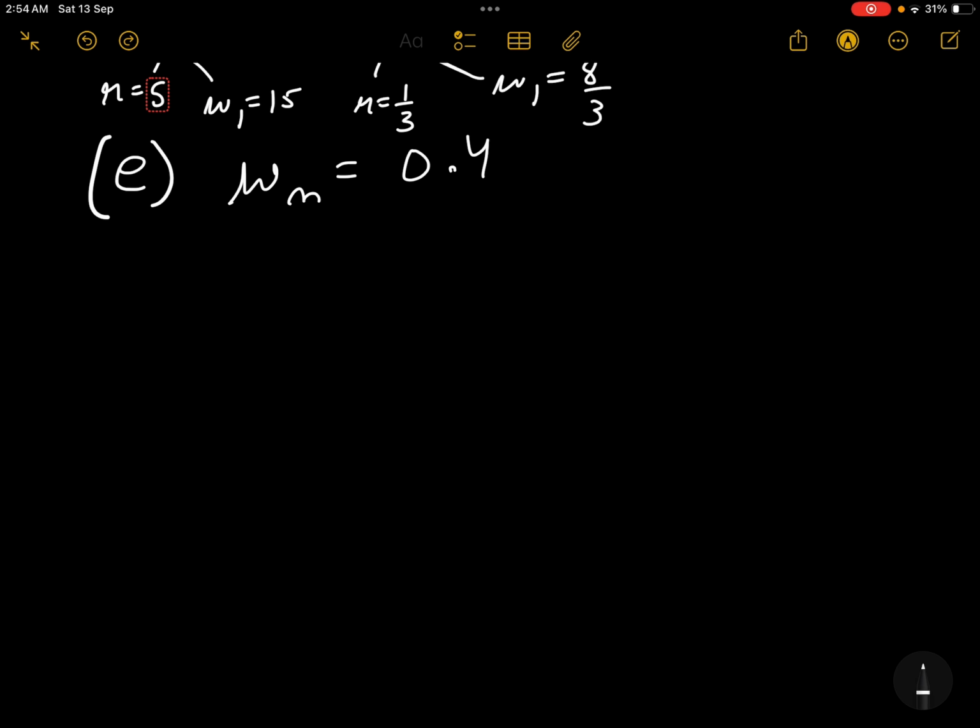E says 0.4 into 10 to the power n plus 3. So R is 10.